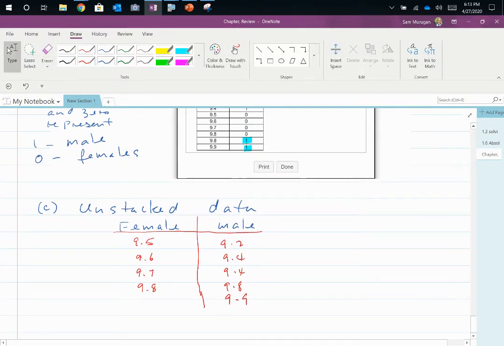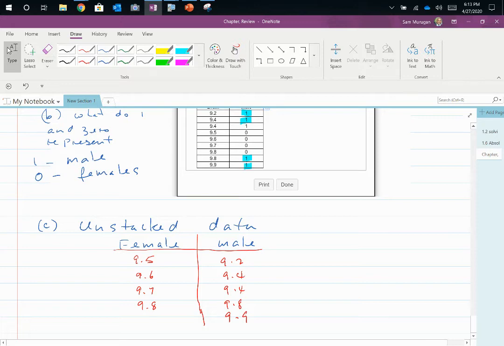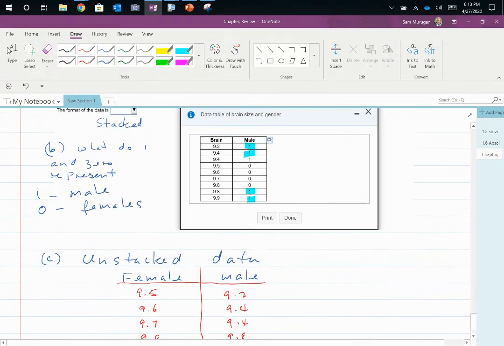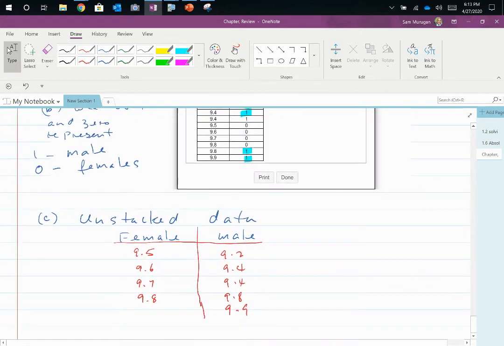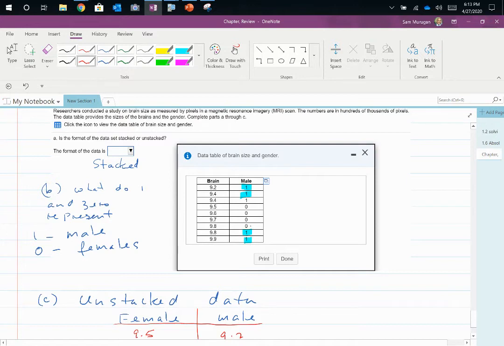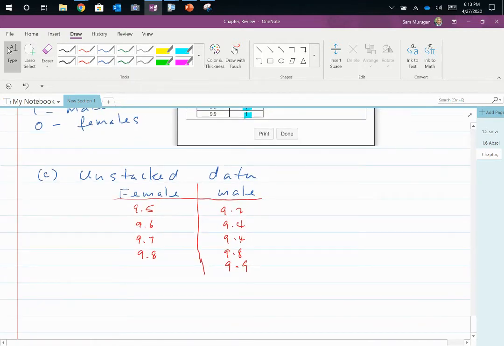This would be unstacked data, where we're just listing the brain size of the females and the brain size of the males. So you probably want to check, 3 and 3, 6 and 3, 9 sets of data, just to make sure that your data is okay.